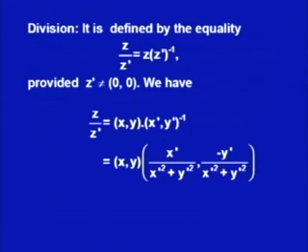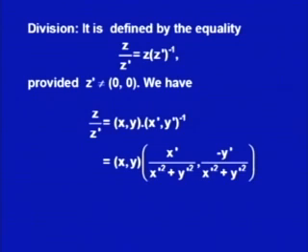So, we can have the expression z by z dash equal to, substituting the values of z and z dash as x comma y or x plus i y for z and x dash comma y dash, that is x dash plus i y dash for z dash, and its power minus 1.